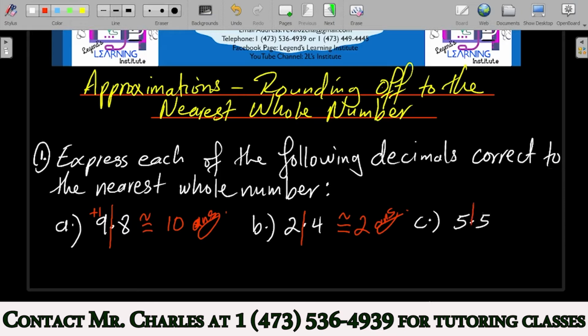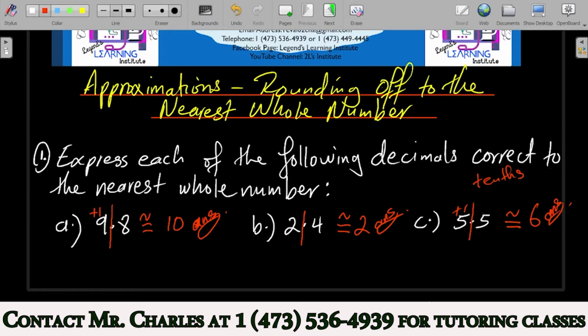Our line comes here. The digit in the first decimal place is 5, and once it is 5 or more, we have to add 1 to the digit in the ones place. And 5 plus 1 would give us 6, so our answer is approximately equal to 6.